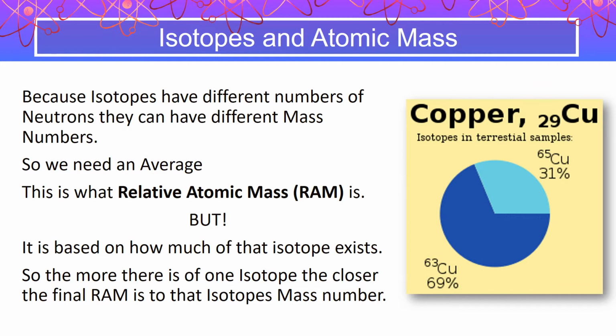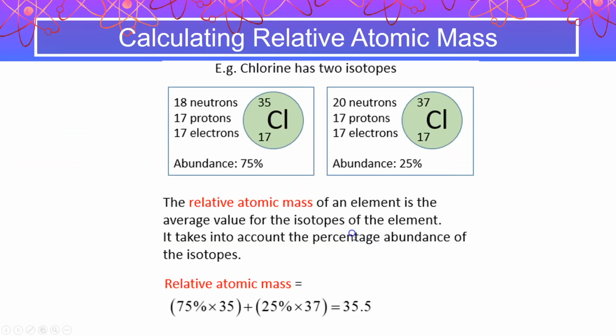So it's a bit like saying copper 63 is worth 69% of the final grade, whereas 65 is worth only 31%, except that final grade is actually the final mass number that we put on the periodic table. So this just goes through how you can calculate it. It's not massively important for you to know, but it is certainly interesting for you to understand a bit more about the periodic table.